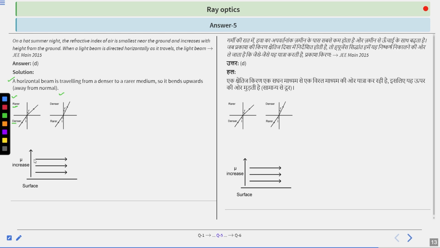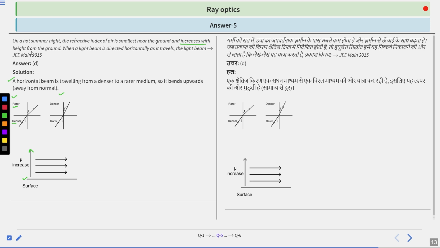In this diagram, according to the question, suppose this is the surface of the earth. Near the ground the refractive index, represented by mu, is small, and as the height increases, the refractive index increases, as given.